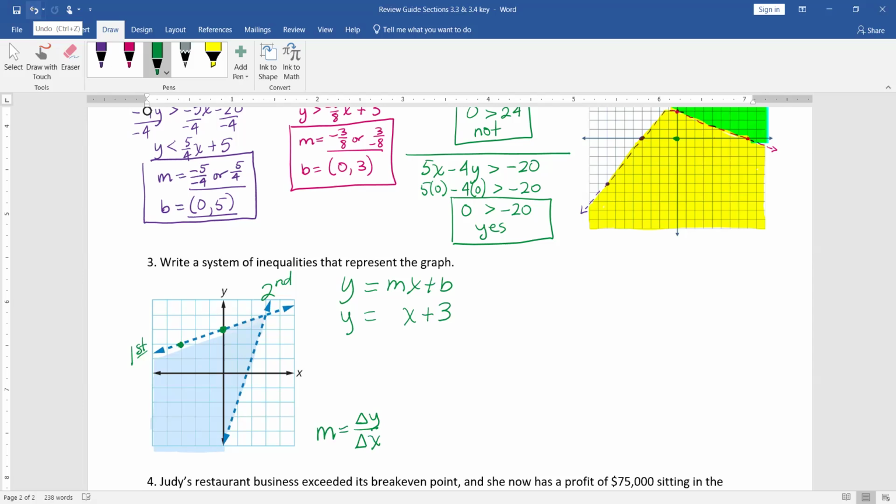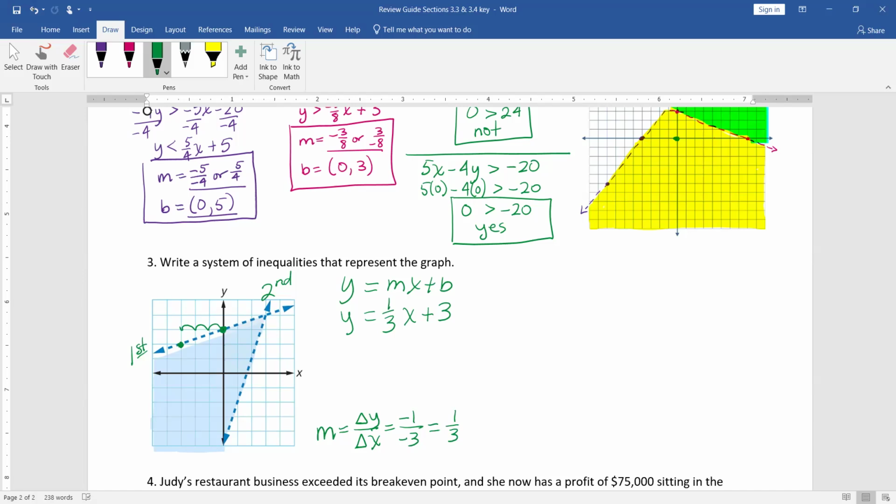If I start at my y-intercept, I go down 1, so my change in y is -1. And then I'm going left 1, 2, 3, so my change in x is -3. Well, -1 over -3 is positive 1/3. So that means my slope is 1/3. And there's the beginning of my inequality.